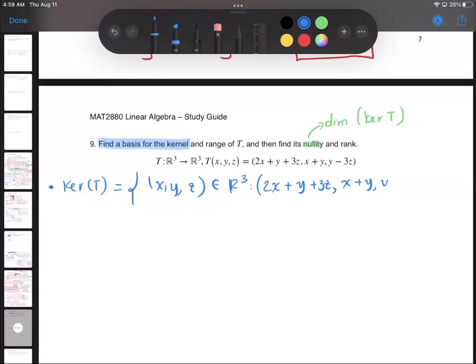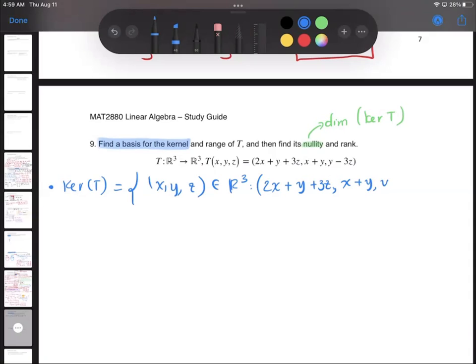If you do RREF, what do we get? We get 1, 0, 3, 0 here, 0, 1, -3, 0, and then 0, 0, 0, 0 here. Let me rewrite this before I let z equal anything.